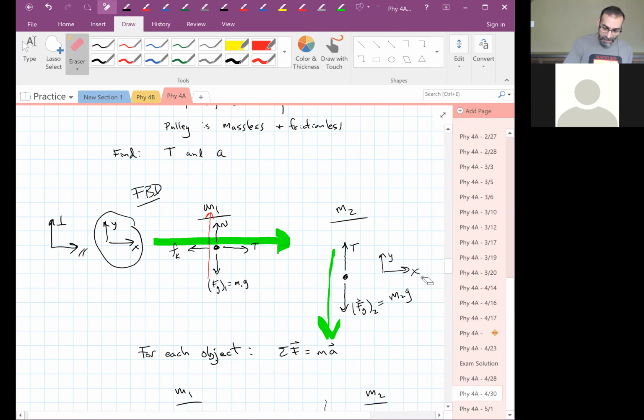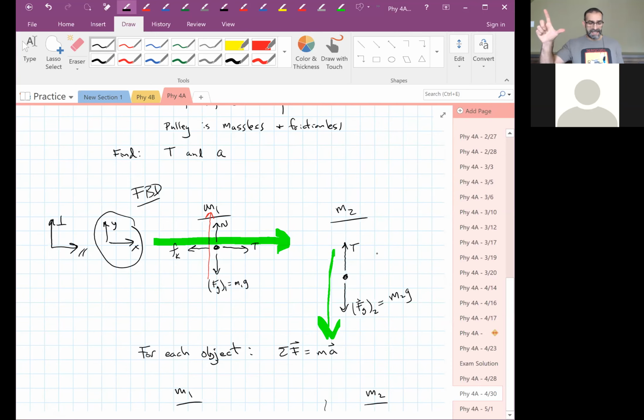And this is the way I would do it. I would say that my coordinate system is moving with M. If M1 is sliding this way, my vertical and horizontal directions, I'm calling them perpendicular and parallel. They move along the rope, and then they follow over the pulley. If this is the pulley, they follow over the pulley and down for block 2.